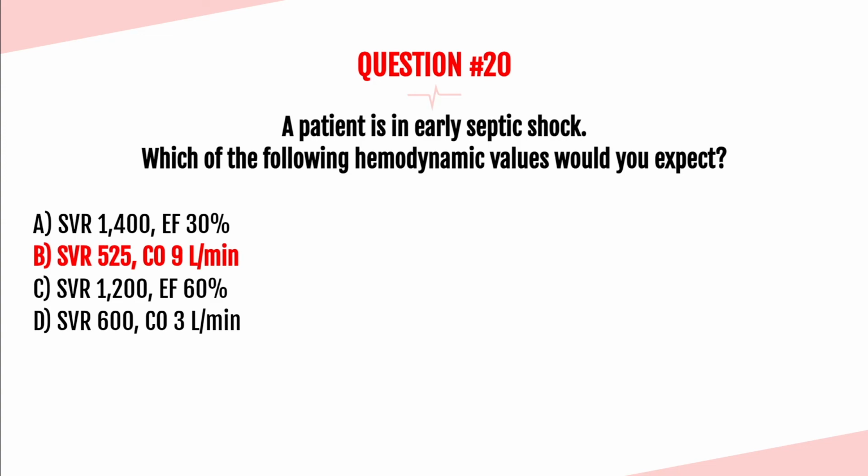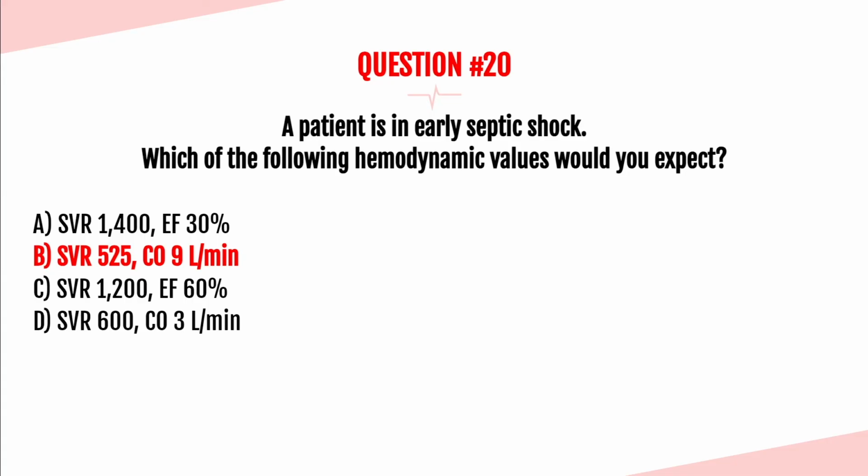When I think about someone in septic shock, the first thing that comes to mind is hypotension. Why do they have hypotension? They have hypotension because they have massive vasodilation. And if you have vasodilation, your SVR is going to be low.